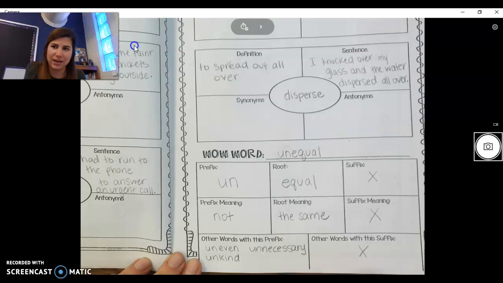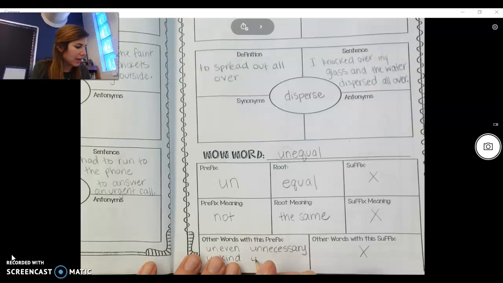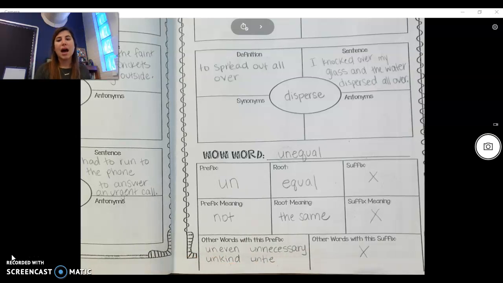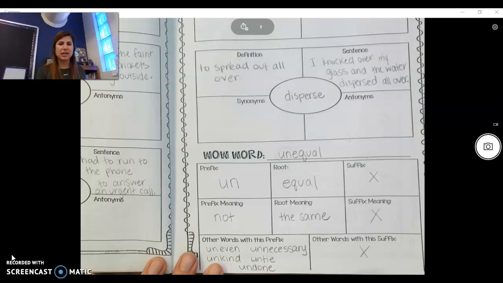What else can you think of? This is where I want to challenge you to see if you can think of a couple to add to your own notes. Another one I'm thinking about is the word untie. Like you can untie your shoelaces, or maybe your shoelaces have come untied, so they're undone or not tied anymore. And I just said another one right there, undone. Not done. Maybe your hair is undone. You haven't brushed it yet. It's not done yet today.